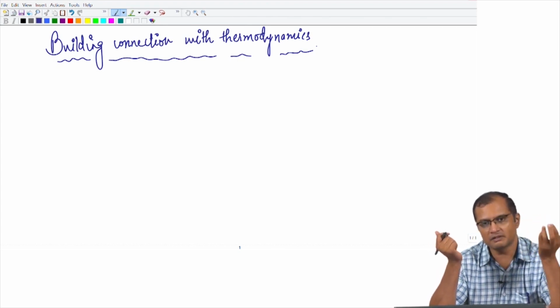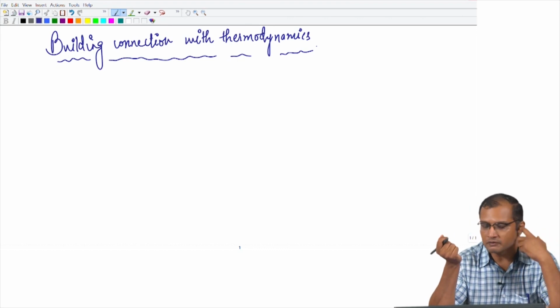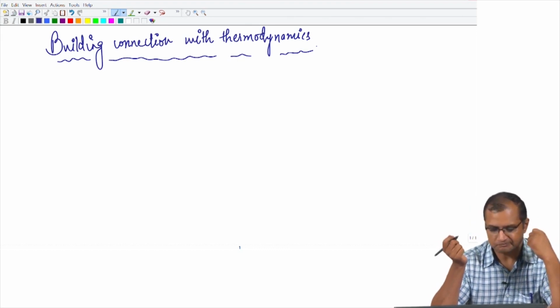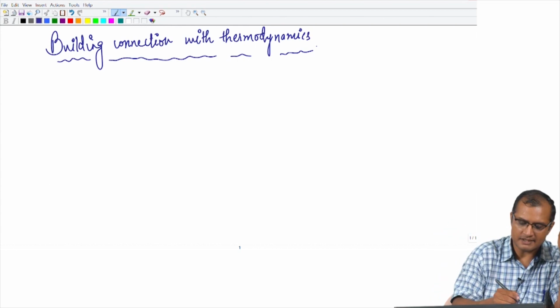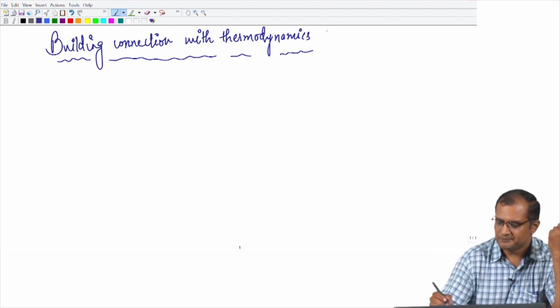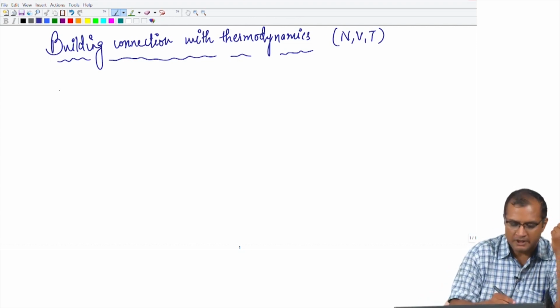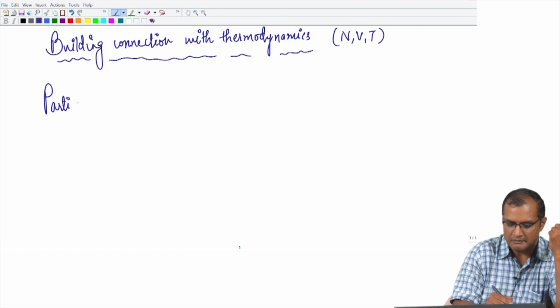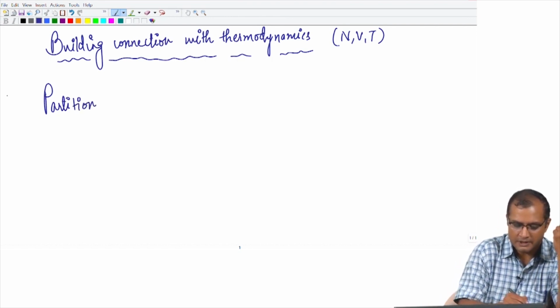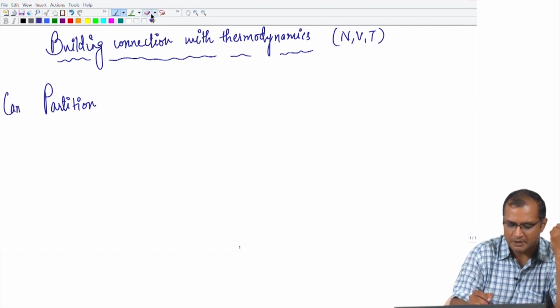So, using what we developed in statistical mechanics so far, we can derive thermodynamics. So, I will start off with the recollection that we arrived at a partition function in the canonical ensemble. So, I am going to write down the canonical partition function.